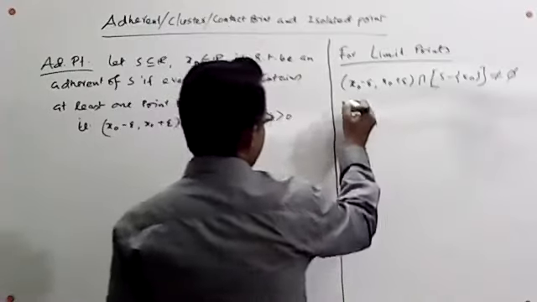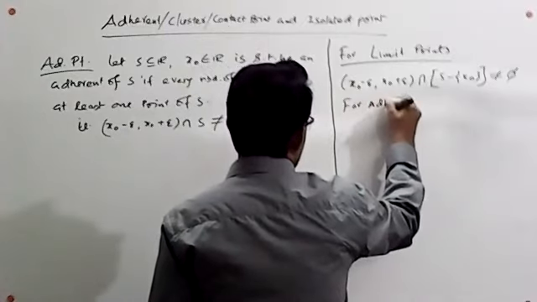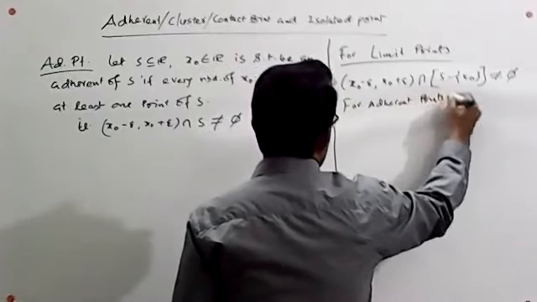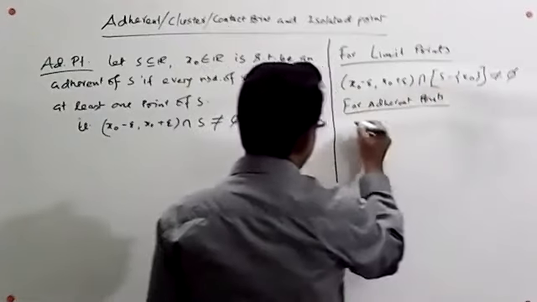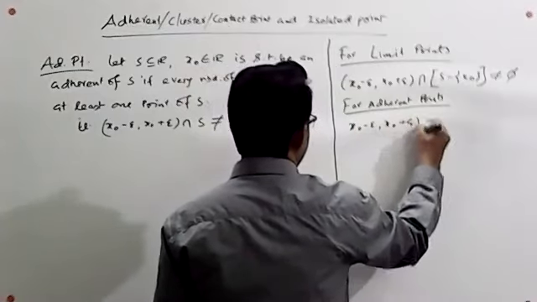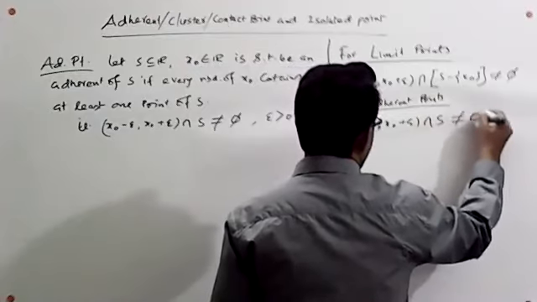So for an adherent point, we have the tool x naught minus epsilon to x naught plus epsilon intersect with S, and this set should be a non-empty set.